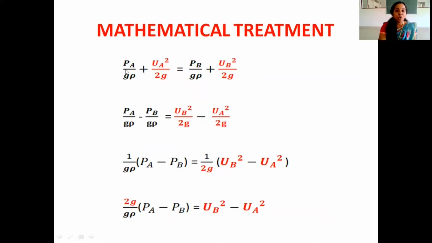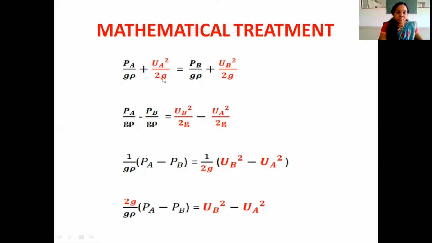After eliminating all the terms, we get an equation like this. And then I am going to arrange this equation. The same terms will be arranged on the same side. PA divided by G rho minus PB divided by G rho, that is equal to UB square divided by 2G minus UA square divided by 2G.